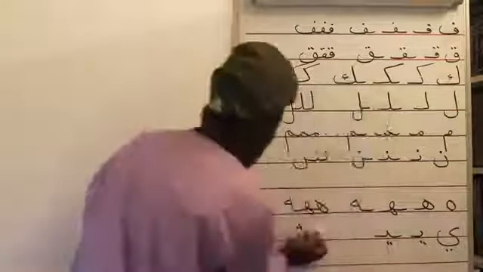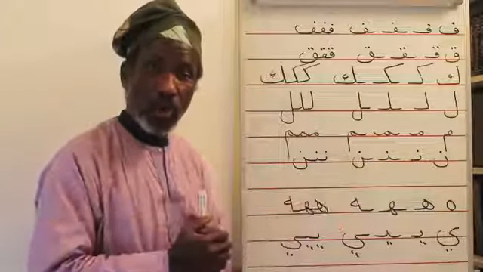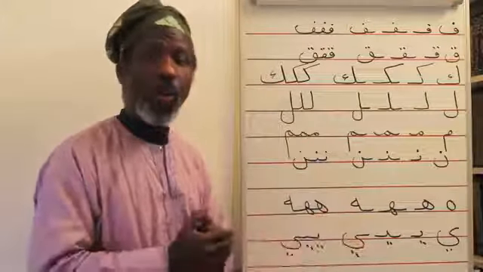So you've now learned how to join all your letters right from alif, ba, ta, tha, jim, ha, kha, dal, dhal, ra, zain, sin, shin, sad, dad, ta, zha, ayn, ghayn, fa, qaf, kaf, lam, meem, noon, ha, waw.